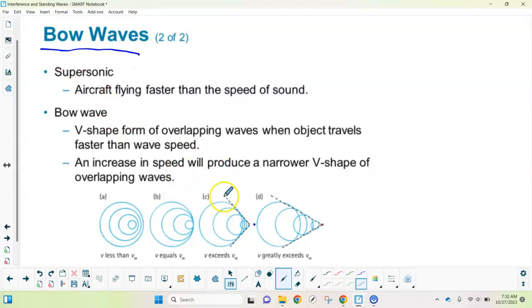A bow wave is this V pattern. As the velocity of the source of the sound is greater, you get a narrower V. If it's going almost the same speed, the wave is flat. Then as it goes faster, it makes a V shape, and if it goes faster and faster, the V gets more and more narrow.